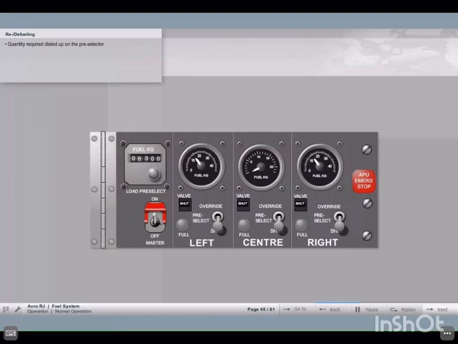The total fuel quantity required is dialed up on the pre-selector.